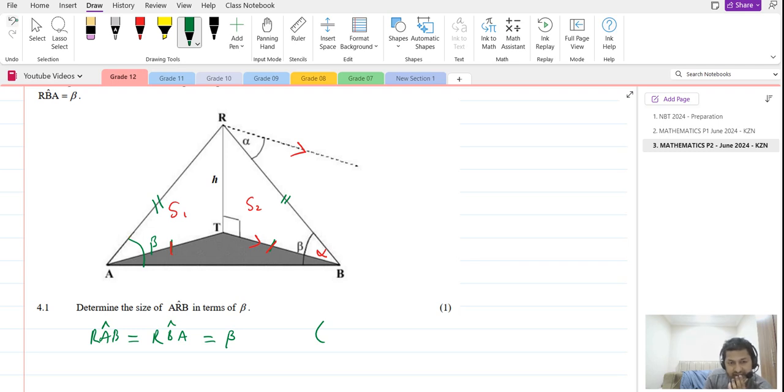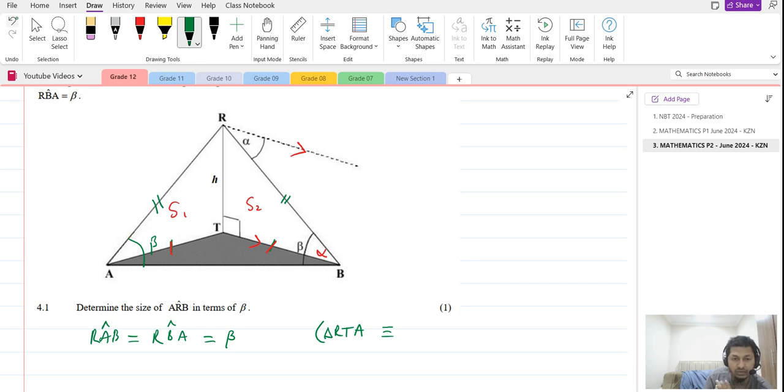Because side angle side. Triangle RTA, sorry, I'm not assuming anything, so that's the reason I'm writing all these full reasons, even though it's 1 mark.